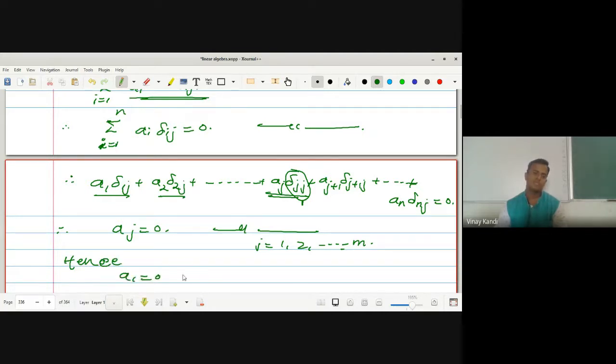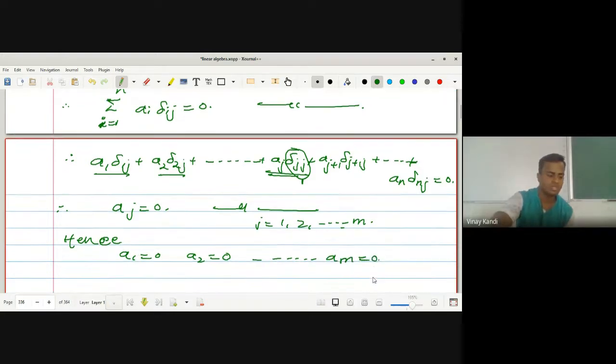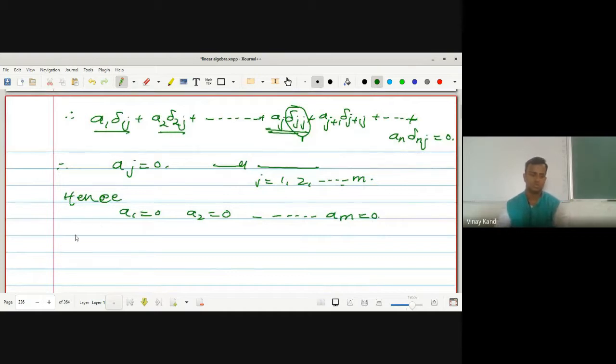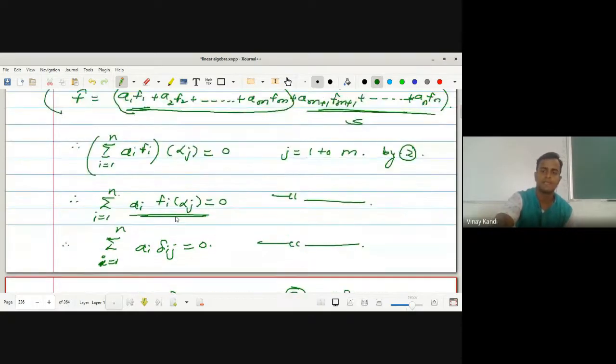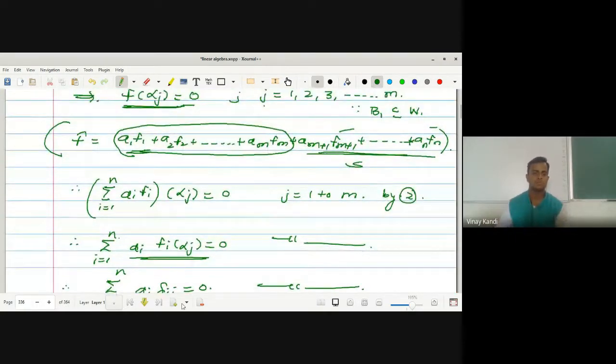Hence a1 is equal to 0, a2 is equal to 0, up to am is equal to 0. Now putting these values in equation 2. From equation 2, if I put a1, a2, a3 up to am as 0, then what will happen? The run of i from 1 to n will become m plus 1 to n. Is it correct? Yes, sir.